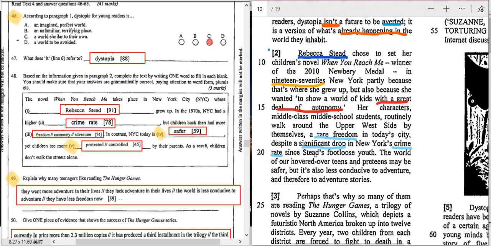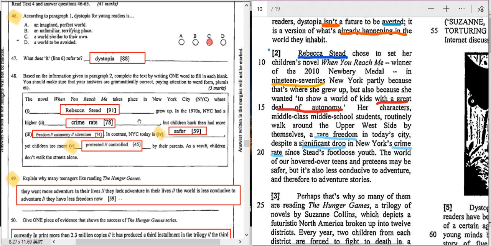It has a far lower crime rate right now, while they are enjoying much less freedom. In other words, in the older days, while they were enjoying a lot of autonomy, a lot of freedom back in 1970s, the crime rate was much higher. So that's the logic and that's the relationship.